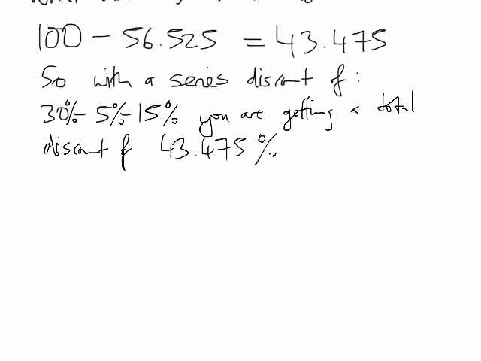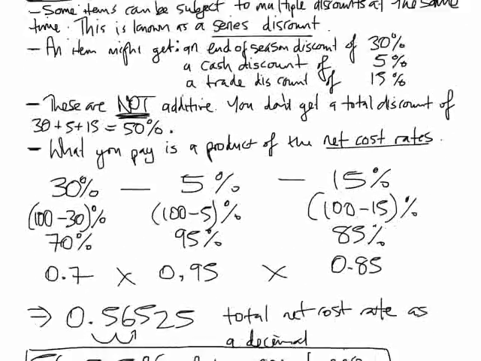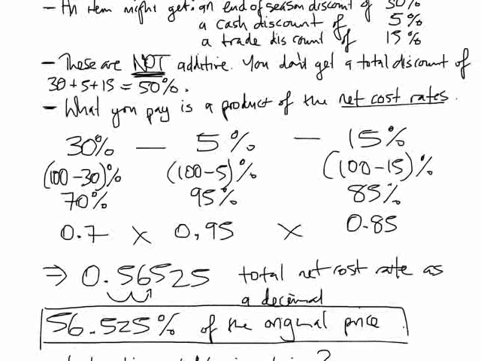Okay, why does that happen? Because it's not additive. Each step you're paying that percentage of. So at this step you're paying 70% of the original price. Right now at this stage where I've got that arrow here, you're at 70% of the original price, and then you're paying 95% of this 70%.